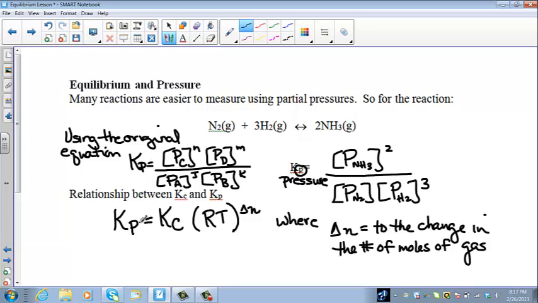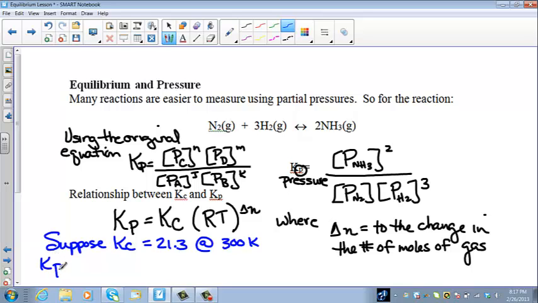Okay, so let me just give you a very basic generic example so you can see how this looks. Let's just suppose Kc is equal to 21.3 at 300 Kelvin, and I wanted you to find Kp.